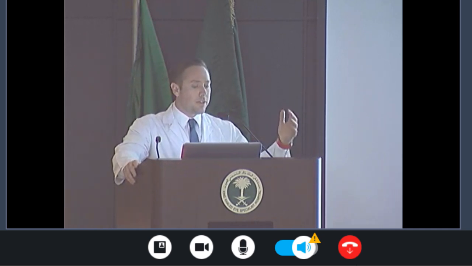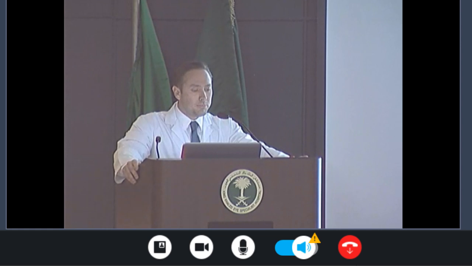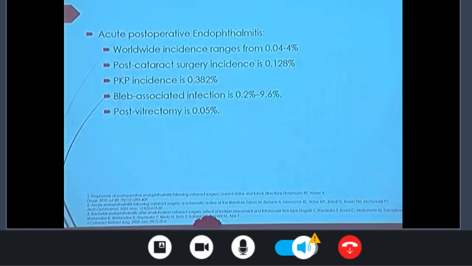Post-cataract surgery, the incidence, like we just said in the previous slide, is about 0.12%. Post corneal transplant, it's a little bit higher, about 0.38%. Bleb-associated has a very wide range, from 0.2 all the way to 10% of our patients. And post-vitrectomy is the least frequent at 0.05%.